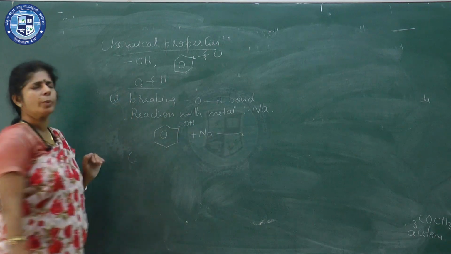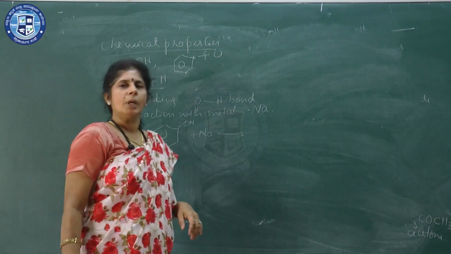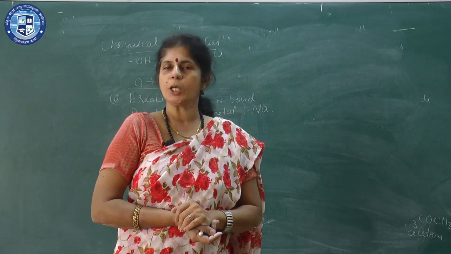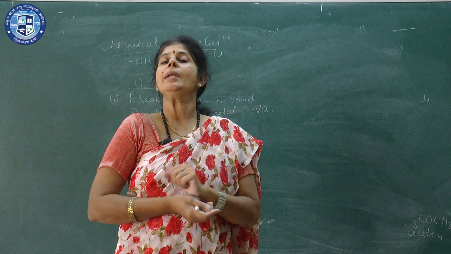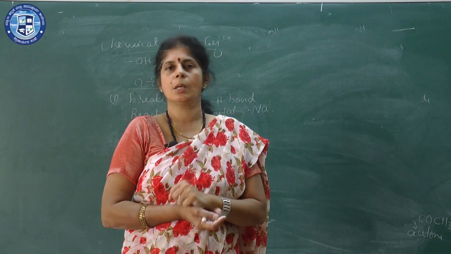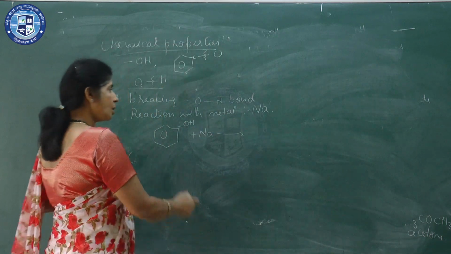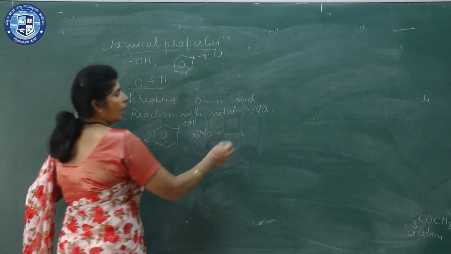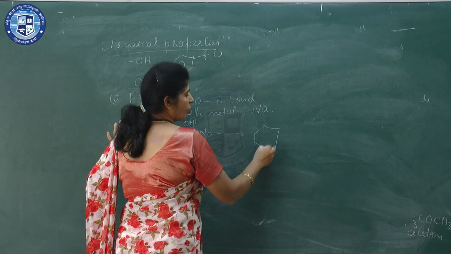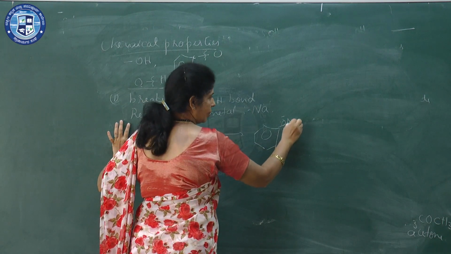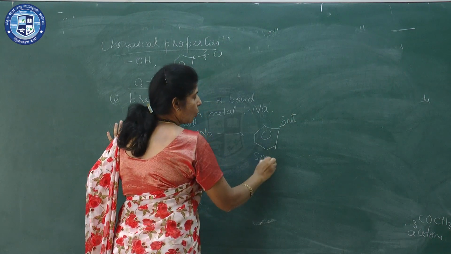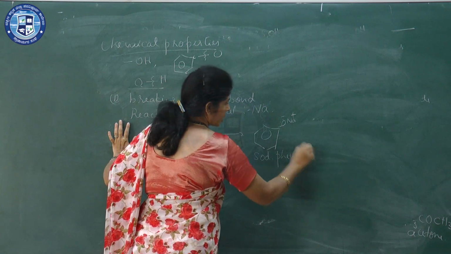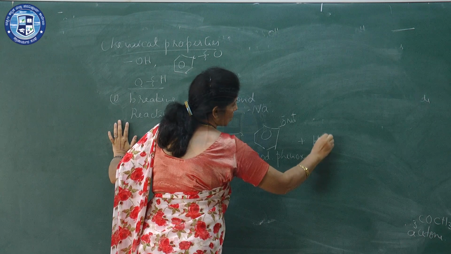This reaction we probably covered in alcohols also. All alcohols, when treated with sodium metal, liberate hydrogen gas. The same reaction is also observed here: there will be liberation of hydrogen gas, and you get the salt of the phenol, O minus Na plus. This is called sodium phenoxide.